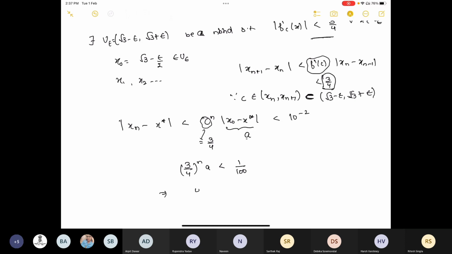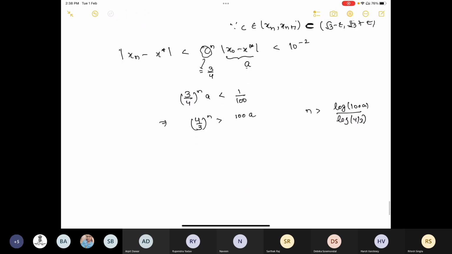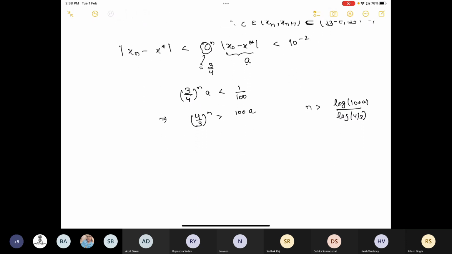So now (4 upon 3) to the power n is greater than 100 times A. So n should be greater than log of 100A upon log of 4 by 3. Fine.